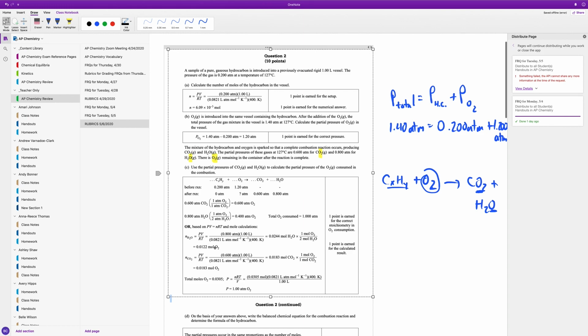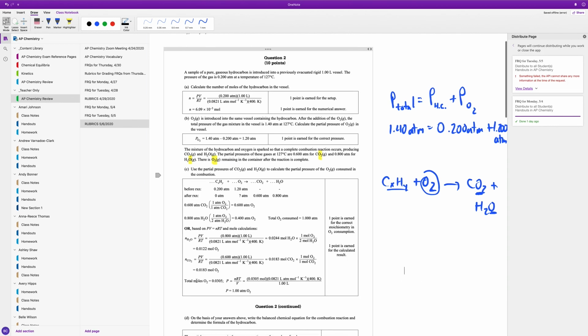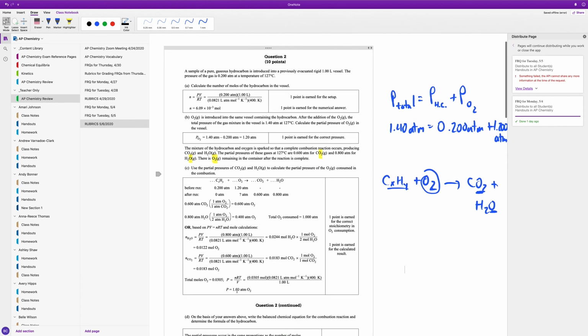So these are the numbers of moles of oxygen that are required to get the amounts of carbon dioxide and water that have actually formed. And so we add up all of those moles of oxygen, and that's the total number of moles. Plug that back into the ideal gas law to find the partial pressure of oxygen that is consumed. And so that leaves behind a little bit of oxygen.